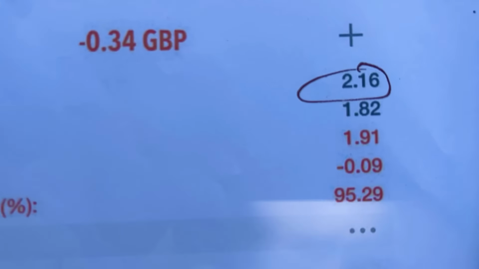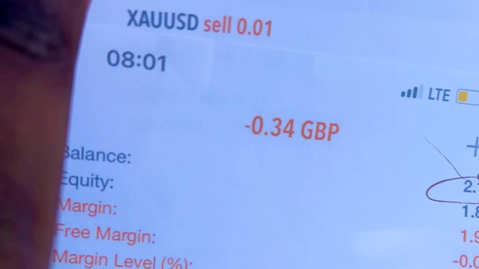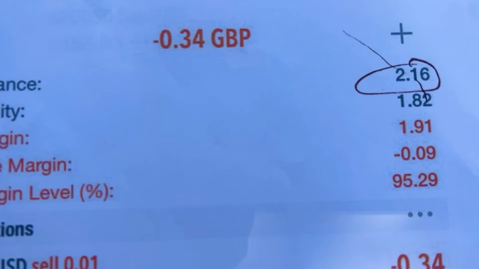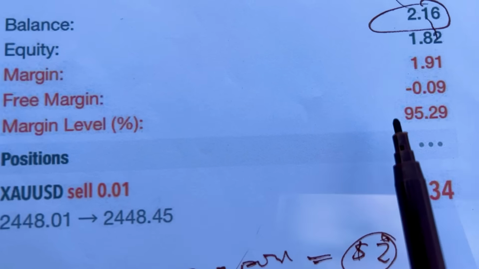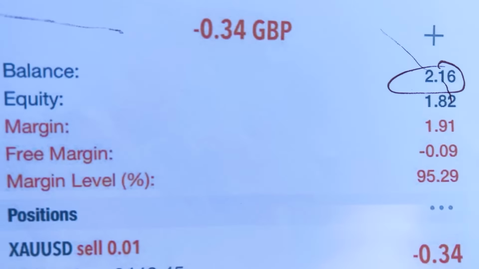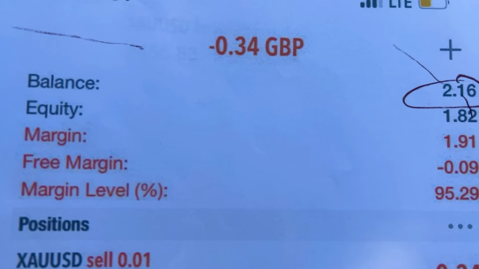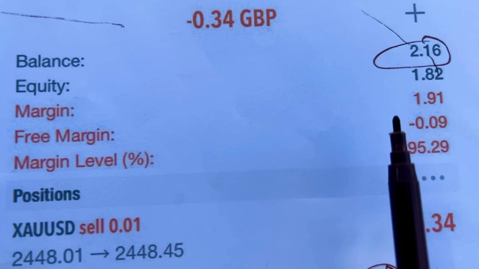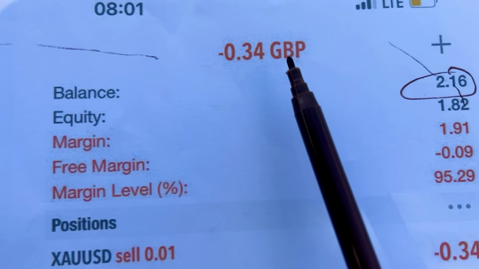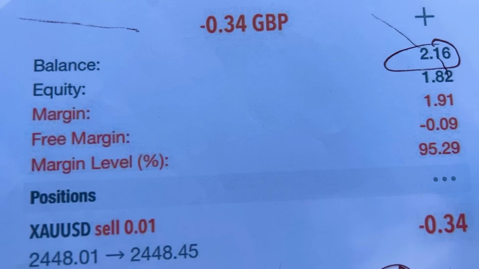So now, if you lose 50% of equity, then you'll reach the margin level which is going to trigger the stop level, and then the broker will close your trade automatically. So now, as you can see here, we're in red, so we're losing 0.34, but we're already in red.